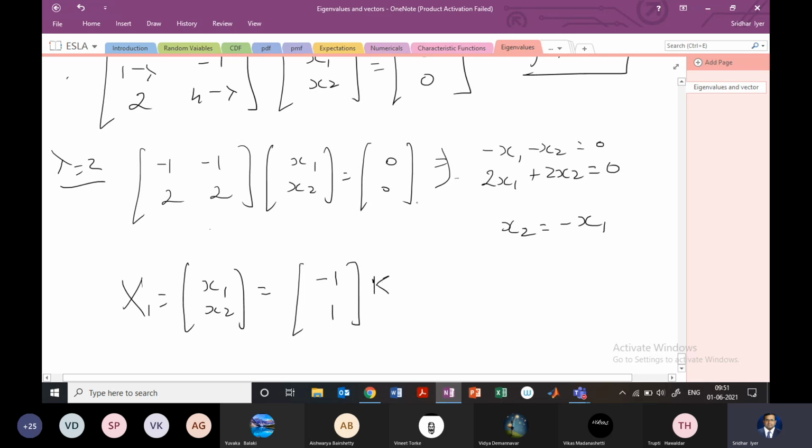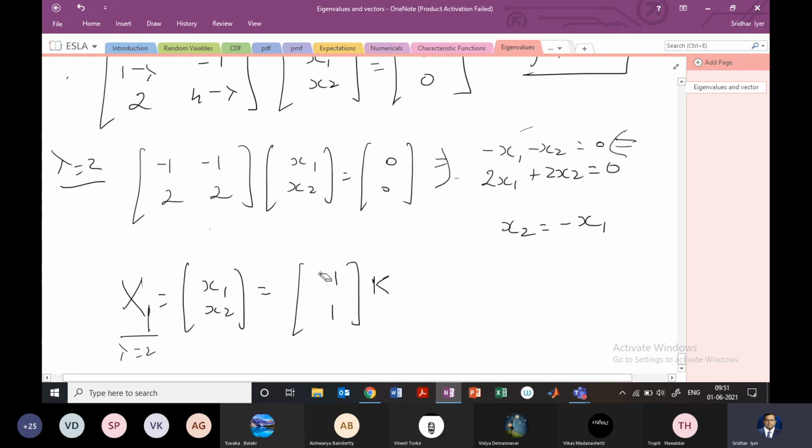This is what is happening here. We get these two equations: negative x1 minus x2 equal to 0 and 2x1 plus 2x2 equal to 0. From this equation we can easily see that x2 is equal to minus x1, or x1 equal to minus x2. So the vector x1 corresponding to lambda equal to 2 has two values, negative 1 and 1.